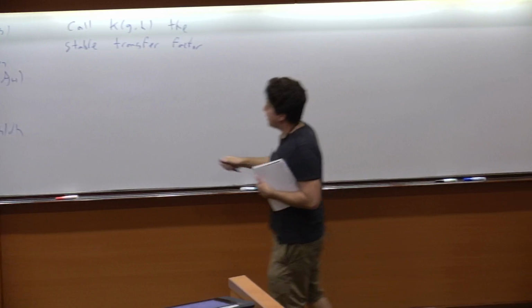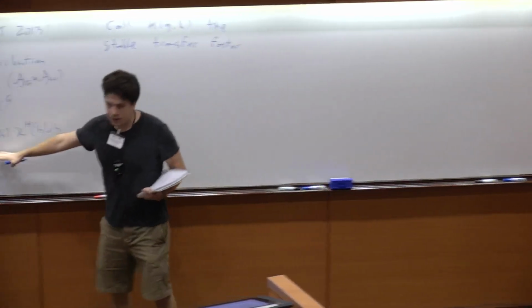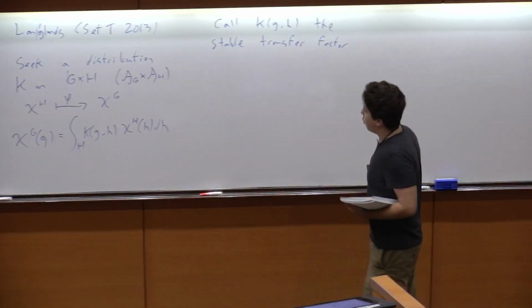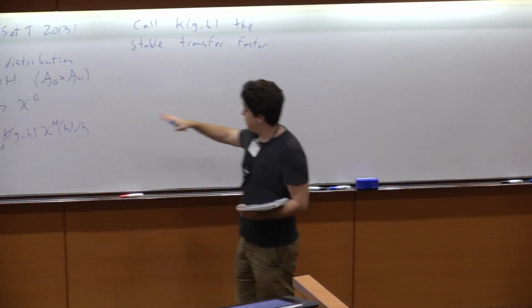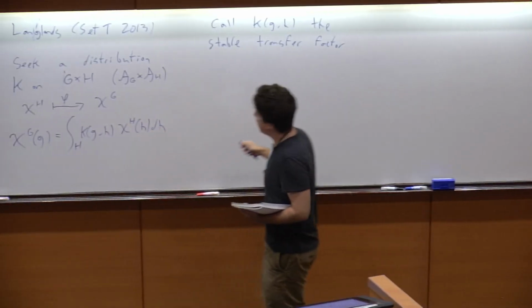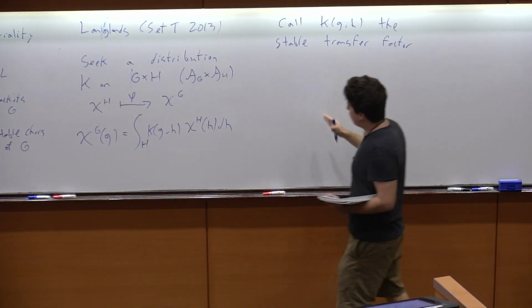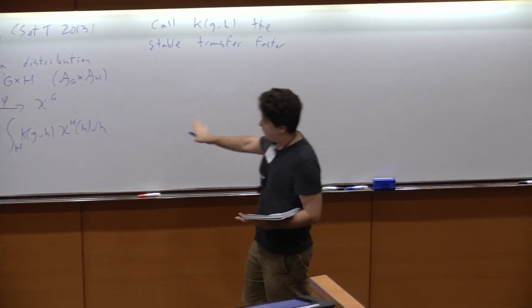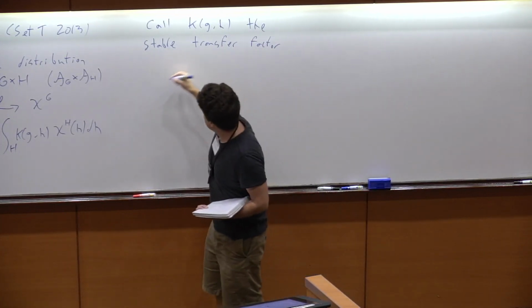And why we call it this is this talk's going to focus on computing such a factor, but what one would like to do with such a thing is to utilize it for stable transfer of smooth functions from one group to another. So this is how it works on characters. So the idea is dually, what we'd like is for it to have some operation on stable orbital integrals in the following sense.